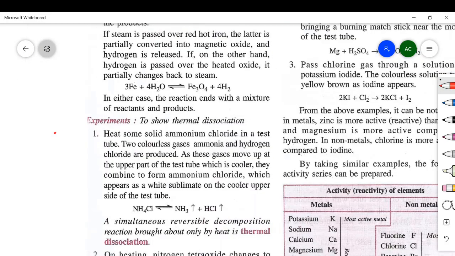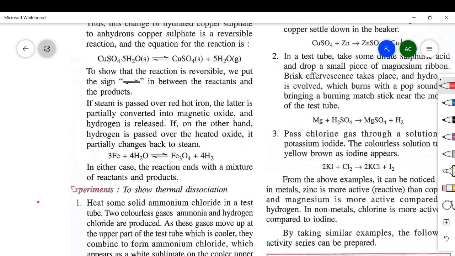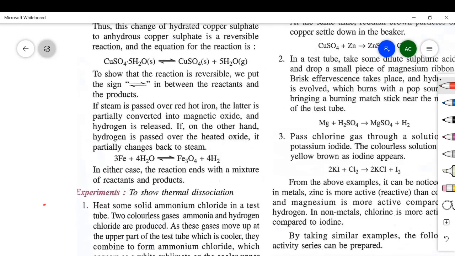Now we'll see this. What are reversible reactions? You can see this copper sulfate. Hydrated crystals will become anhydrous. But this reaction is reversible. So what will happen? We have to put this symbol. This is the symbol for reversibility, that this reaction is reversible.